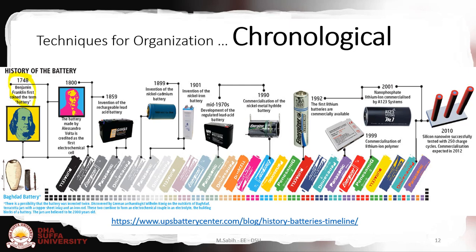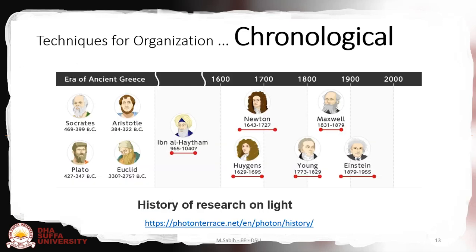In 1748, Benjamin Franklin first coined the term battery, and then you go through all of these dates up to 2010. So this picture shows in chronological order the development, or history, of the battery. From this link you can further explore the details.